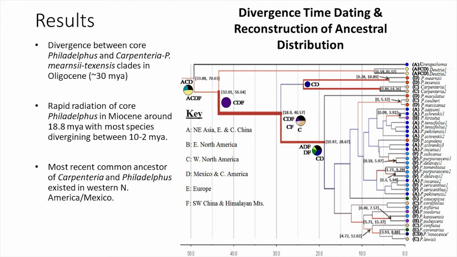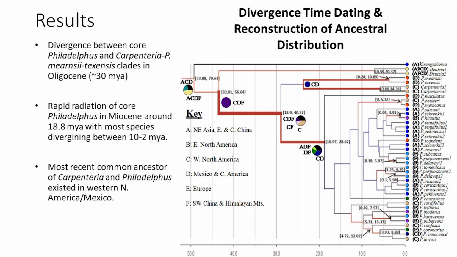Another neat fact to point out is P. nerantia and P. texensis are primarily from Mexico and the Southwest. So this blue color here is showing a combination of C and D, which is Western North America and Mexico. These species here come from a variety of places: Asia, Eastern North America, everywhere.